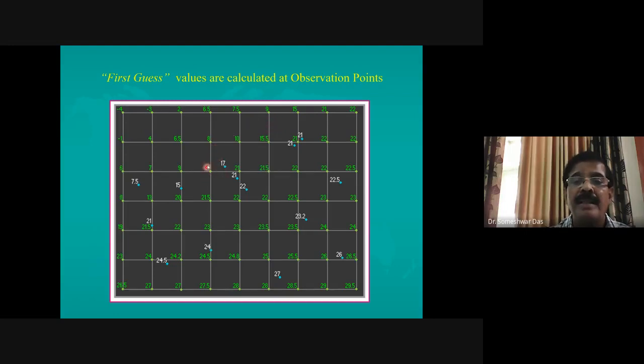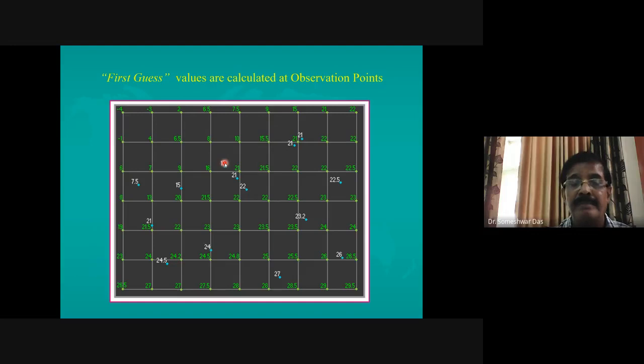That means you will interpolate the first guess to the observation point, to avoid interpolation error, because every time you do the interpolation, some error will always be there anyway. So instead of interpolating the observation to the grid point, you are interpolating the first guess to the observation point.